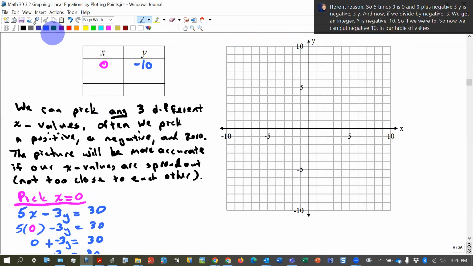And when we go to graph that point, again, we might want to highlight some of the marked values on the 2 number lines. If x is 0 and y is negative 10, that's all the way down here.